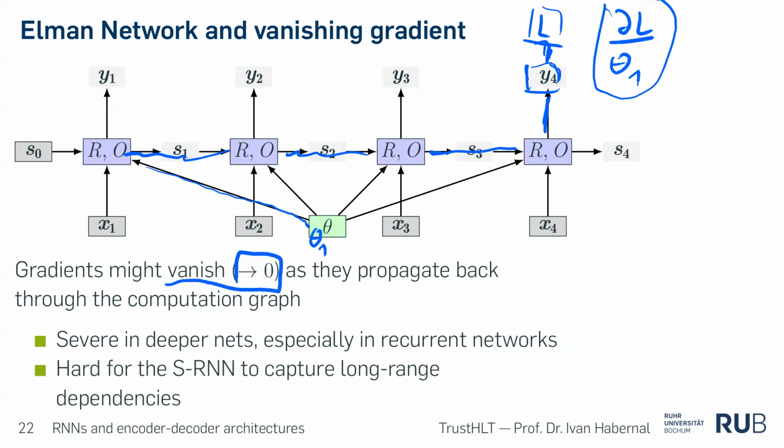What does it mean, a 0 gradient? Well, exactly, you cannot perform updates, which means this parameter won't be updated. It will just keep the same. So you won't learn anything about the parameter. You cannot change the parameter, and you cannot improve your network to minimize the loss. So vanishing gradients, or 0 gradients, are a bad thing because you cannot learn anything meaningful.